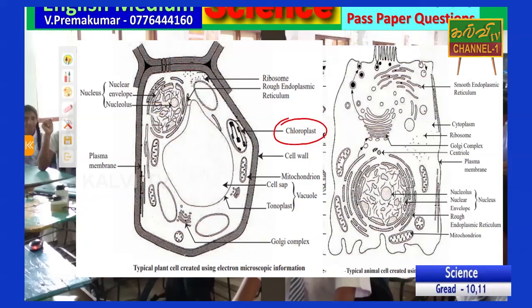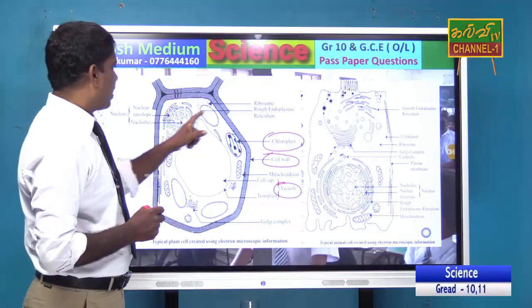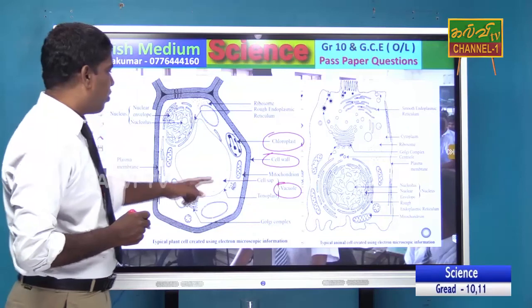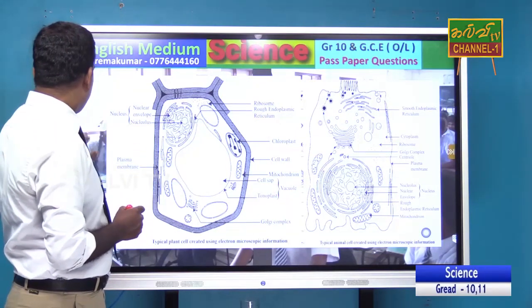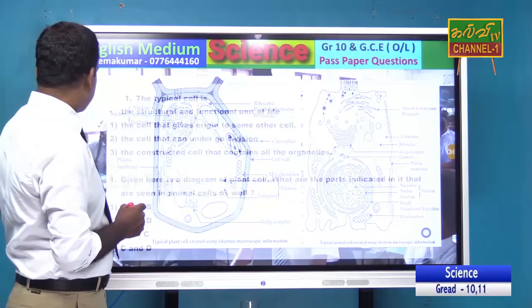Chloroplast is here, cell wall here, very big vacuoles are here, but they are not available in that one. When you compare with this, you can find there are some chloroplasts, and cell wall and vacuoles are not available. Anyway, we will go into the questions.